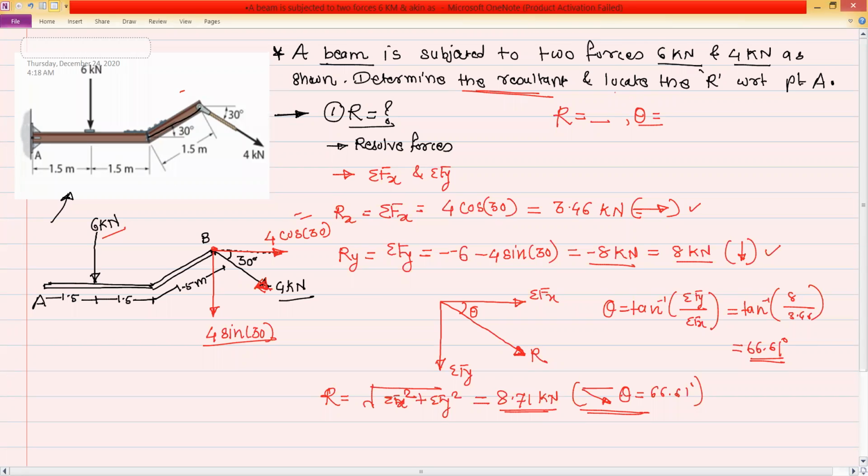Now the second part in the question is locate the resultant with respect to point A. So what is the meaning of locate the resultant? We have to find out the point from point A along the x-axis where the resultant will intersect the x-axis. Okay, so let us take this point.